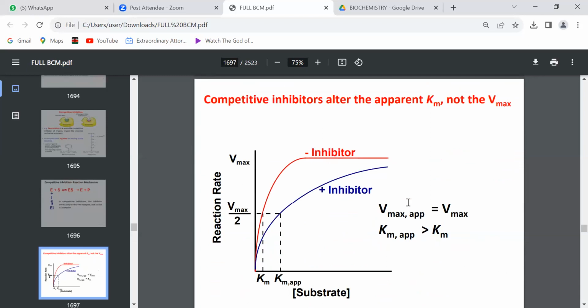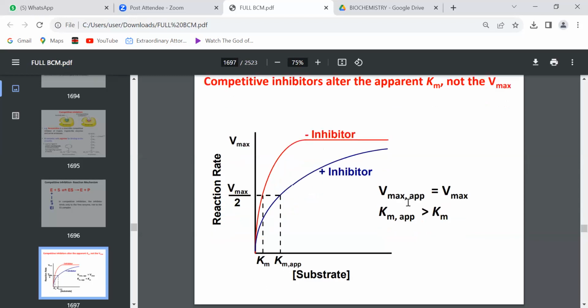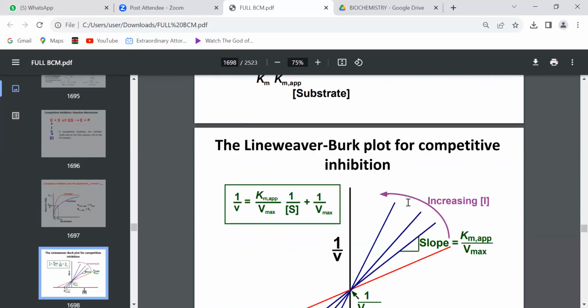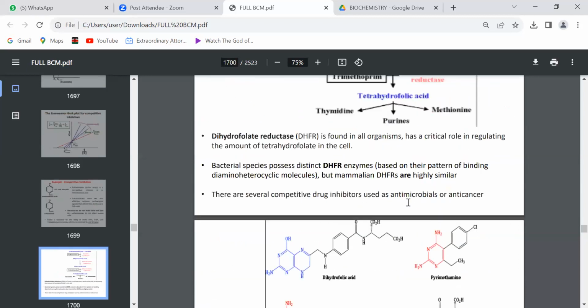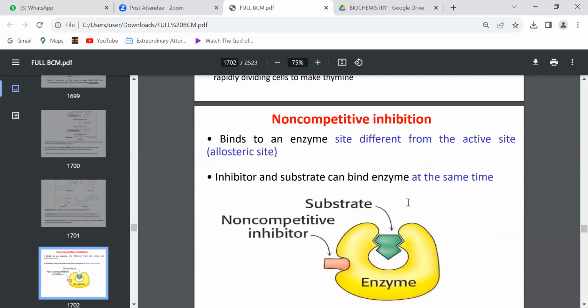So if you have an inhibitor binding to the enzyme, you need to increase the substrate concentration to achieve the normal binding. So with a competitive inhibitor, the Km is increased. That's competitive inhibition. They basically have the same structure, the inhibitor and the substrate.